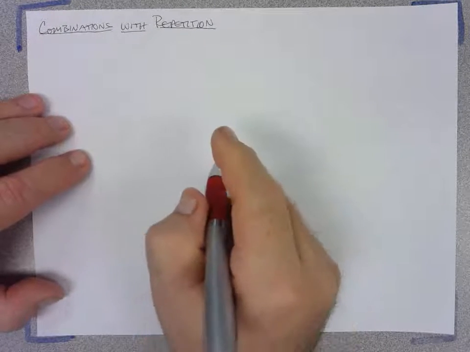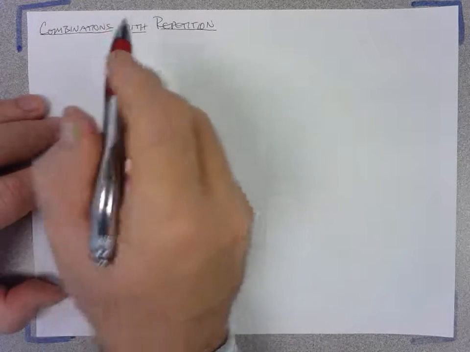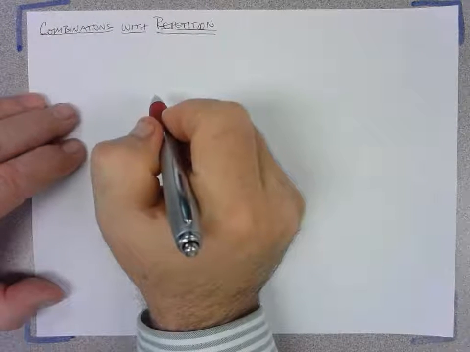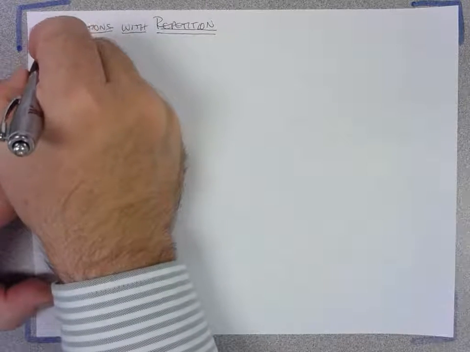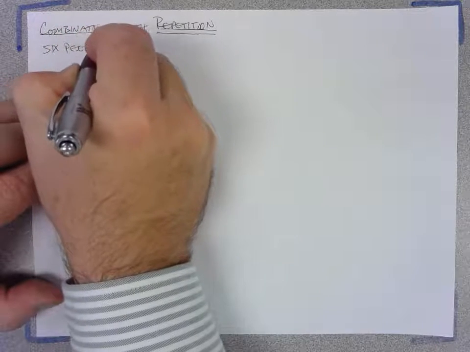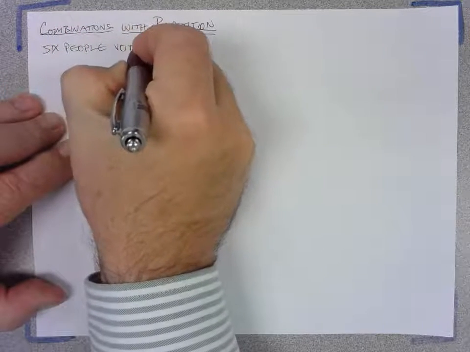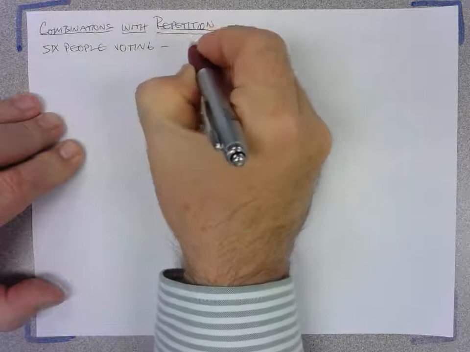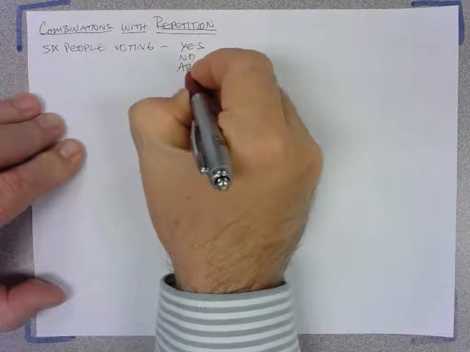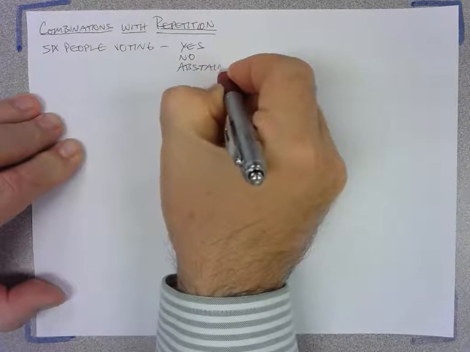Hey, let's talk about an example here that explains what we mean when we say combinations with repetition. Let's suppose that we have six people that are voting, and with most any case of voting, let's suppose they can say yes, no, or they can abstain.